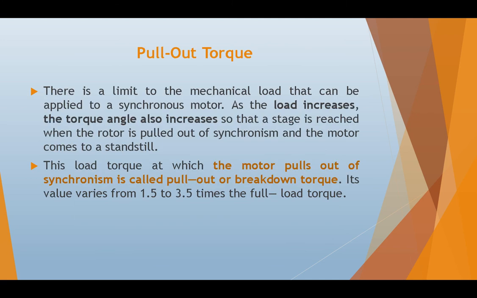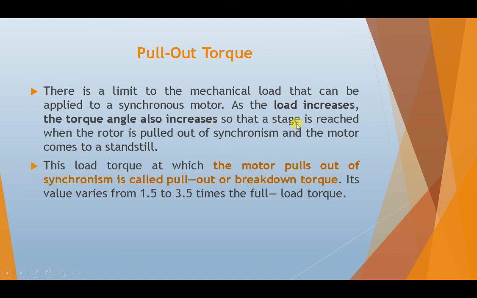Next one is pull-out torque. There is a limit to the mechanical load that can be applied to a synchronous motor. As the load increases, the torque will also increase. We already studied that by increasing the load, the speed remains synchronous. But there is a limit, and as the load increases, the torque will also increase.